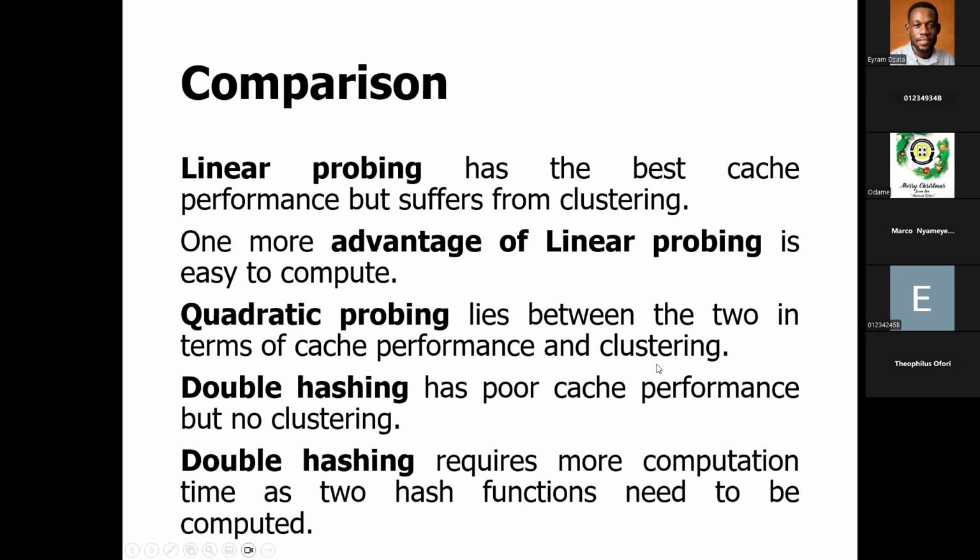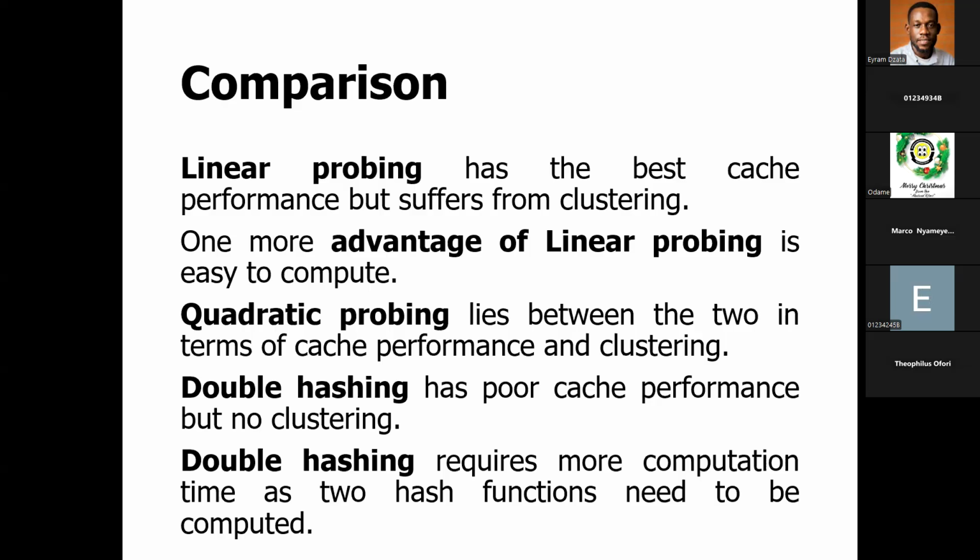All right, so let's do some comparison. The linear probing has the best cache performance, but suffers from clustering. One advantage is that it's easy to compute. Then we have the quadratic probing, which lies between the two in terms of caching and clustering.